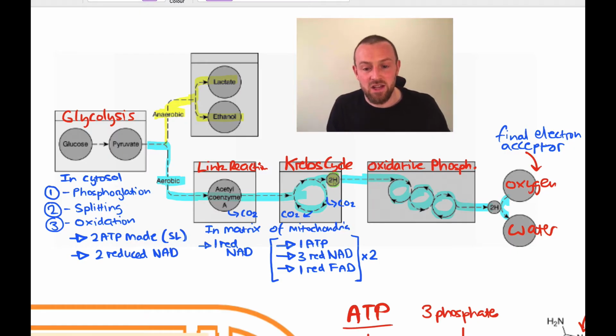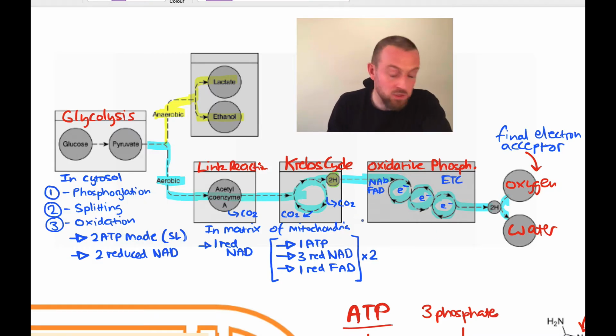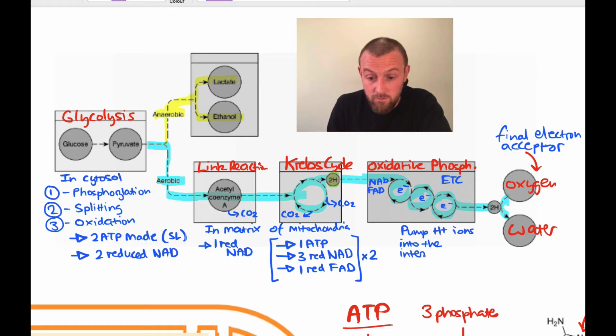These NADs and FADs are hydrogen carriers, and those are fed into the next stage. So I'll put this NAD and FAD, reduced NAD and FAD. Those are fed into the next stage where electrons from those hydrogen carriers pass down this electron transport chain, ETC. And what happens during that was basically we pump H+ ions into the intermembrane space of the mitochondria.